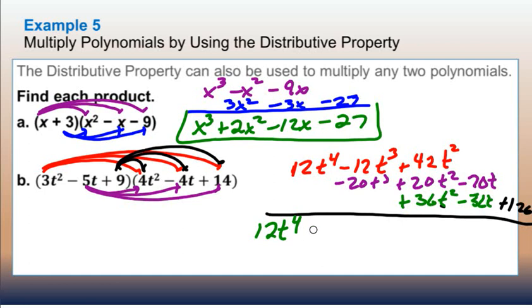So that gives us a minus 32t to the 3rd. Then we have 42 plus 20 plus 36, which gives us a total of positive 98t squared. Minus 70 minus 36 will give us 106t plus 126. Just make sure when you're doing those, you're lining up like terms properly so that you have the correct answer.